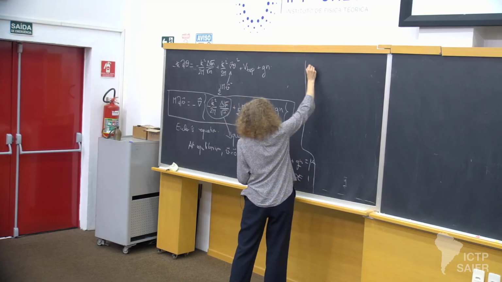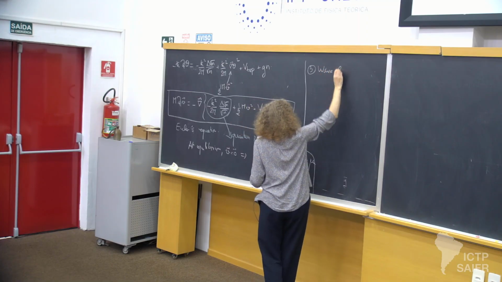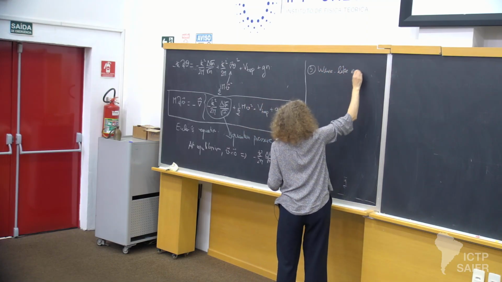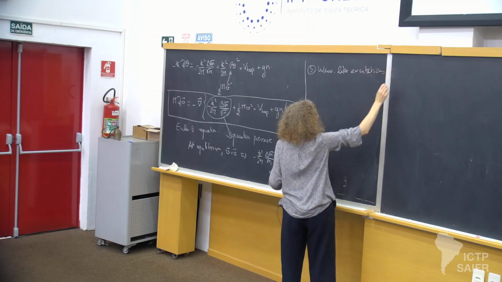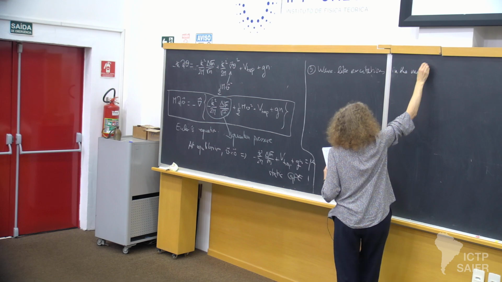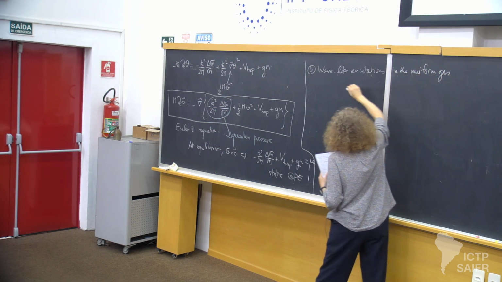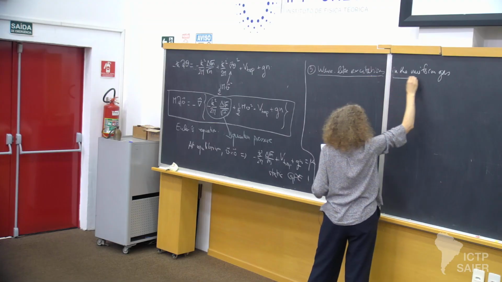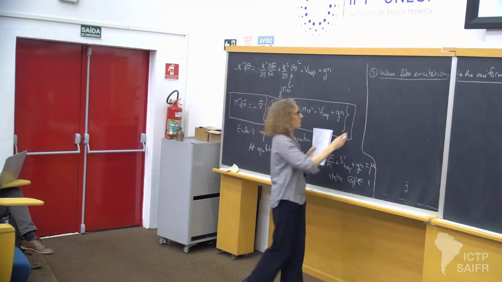And we will start with wave-like excitations in the uniform gas. So uniform gas means V trap is 0.